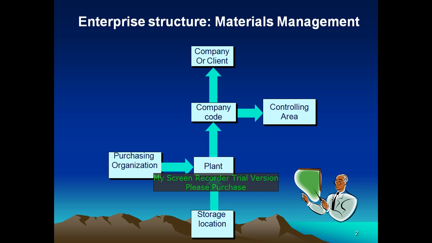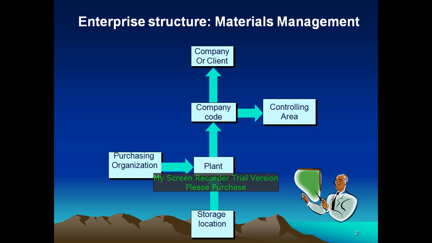Then I need to explain step by step. First of all, now I am going to take the client and company code as the highest organizational units in an SAP system. The client can be a corporate group and can represent a company or a conglomerate of companies.